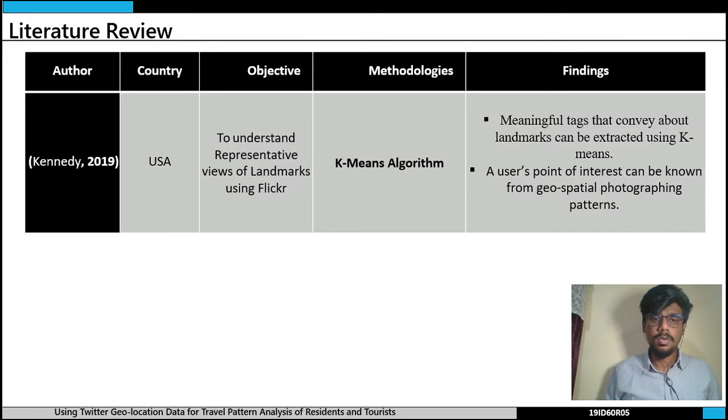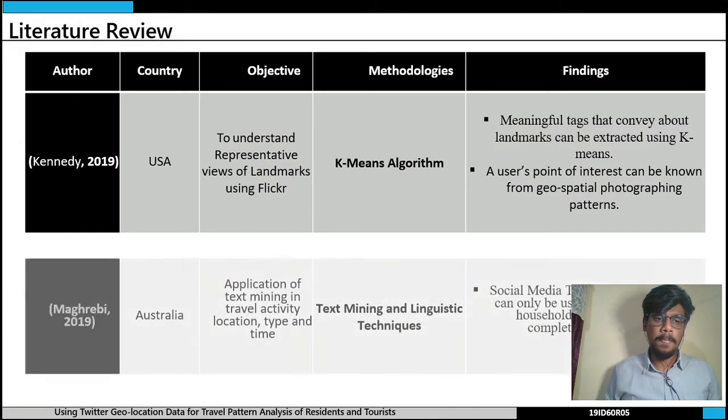This one is where the text was used. What Kennedy did was use the tags to understand representative views of landmarks from the data of Flickr. He used the k-means algorithm and found that users' points of interest can be known from geospatial photography patterns.